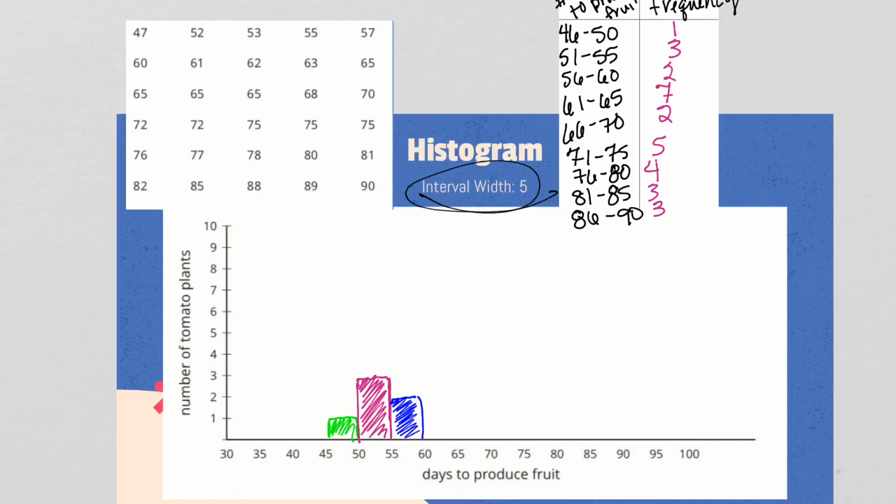And from 61 to 65, we have 7. So this is going to be our tallest graph. All right, now we are going to do 66 to 70, and we have 2. From 71 to 75, we have 5.